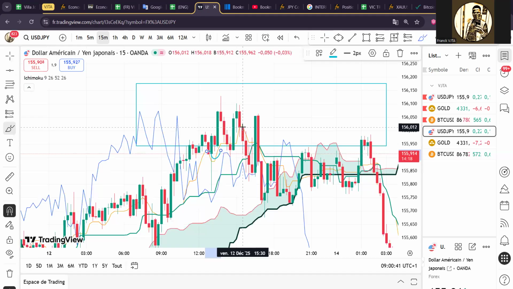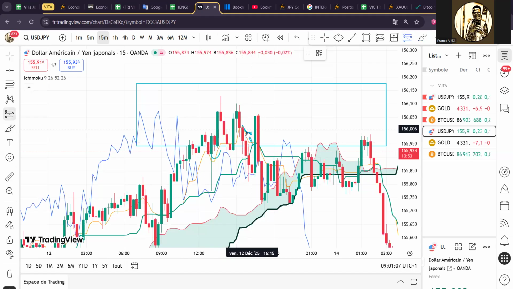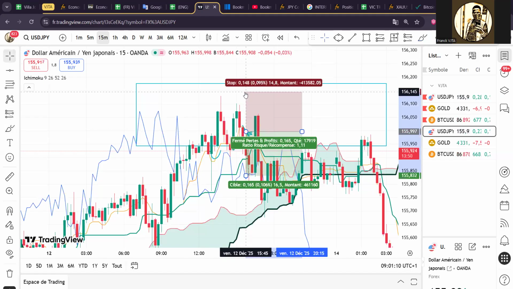It is not an obligation that the 15-minute Tenkan must be inside the H4 setup. No. But the candle must be inside the H4 setup. And then when you see an inclination down like this, an inverted Tenkan, any candle that touches this inverted Tenkan will be your sell entry in 15 minutes.